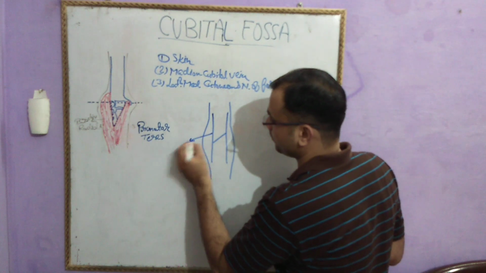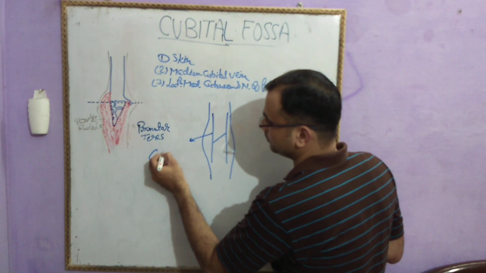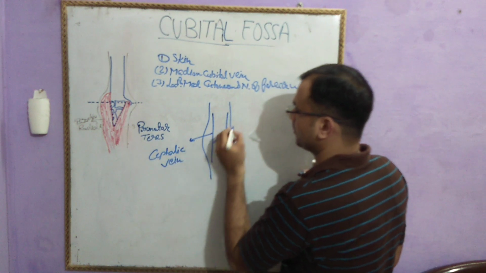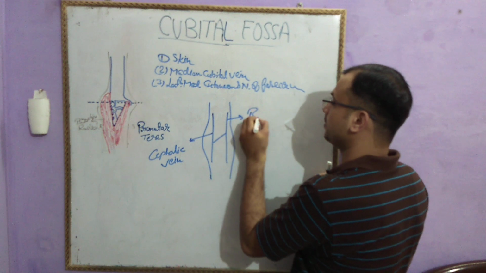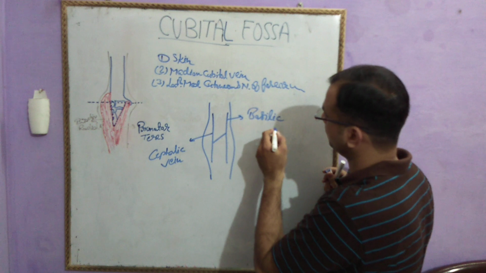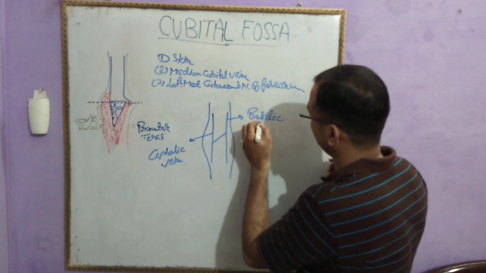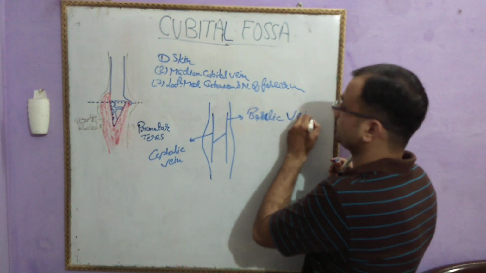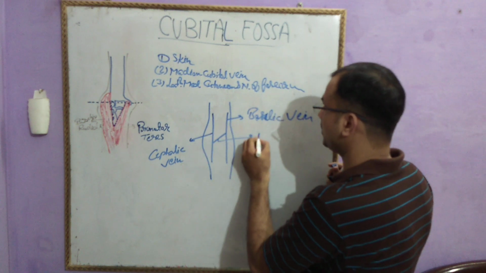So this is the cephalic vein, this is the basilic vein, and this is the median cubital vein.